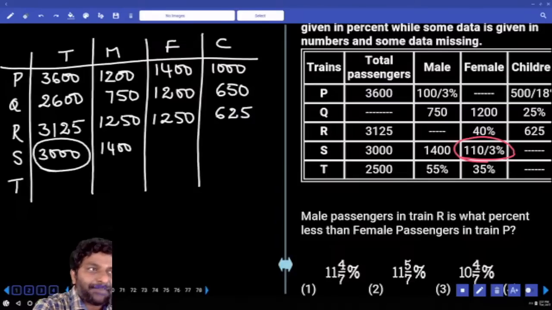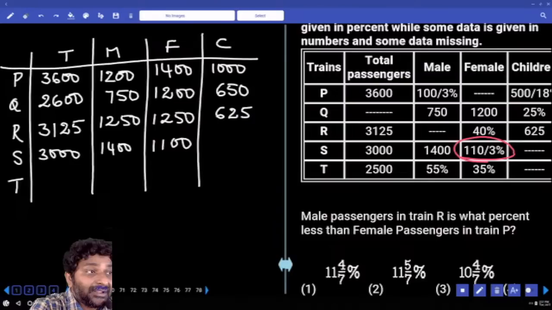To this 10% we need to add. What is 10%? Add 300. 3000 divided by, how much is that? Both male and female together. Male and female together. 2000. Remaining are children.